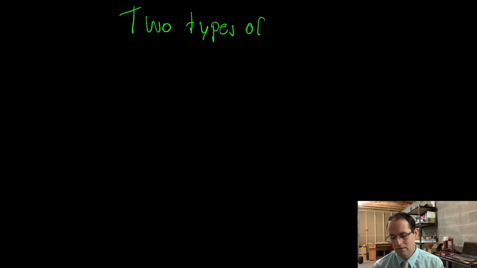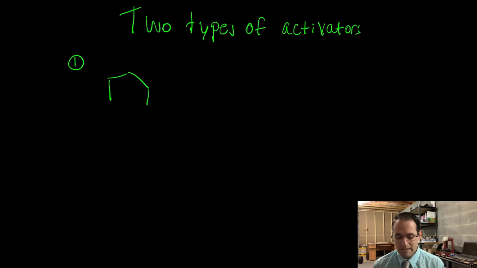Okay, now you have two types of activating groups. The first type to very easily understand are the pi donors, okay? Now these substituents have this general form, Z, all right?